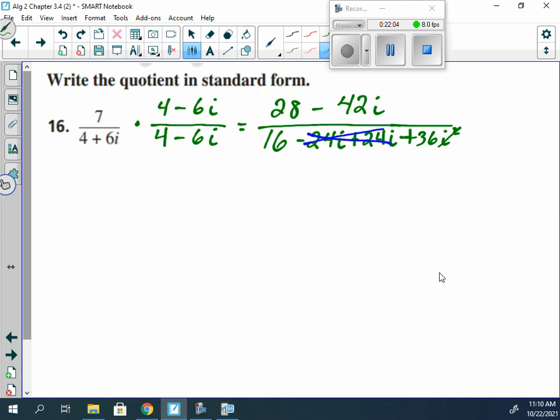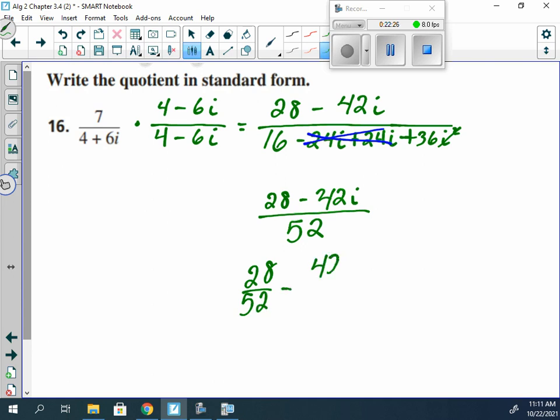Now negative 24i plus 24i would be 0. So the denominator, 16 plus 36, would be 52. In the numerator, we would have 28 minus 42i. So that would be 28 over 52 minus 42 over 52i.